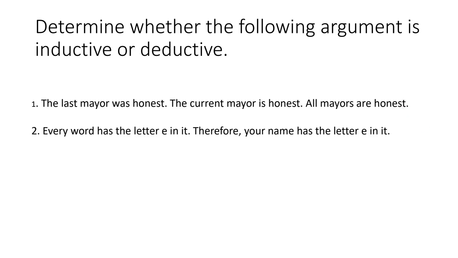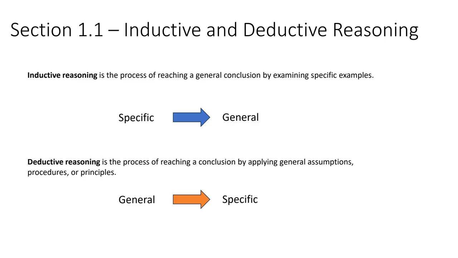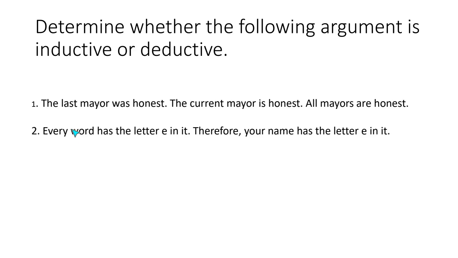If you like, in the chat, you can take a guess if you think that this statement is inductive or deductive. Just to refresh, going from specific to general is inductive. General to specific is deductive. So the first one: the last mayor was honest, the current mayor is honest, all mayors are honest.